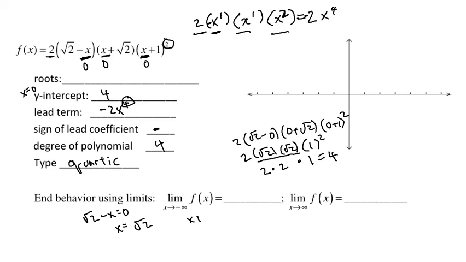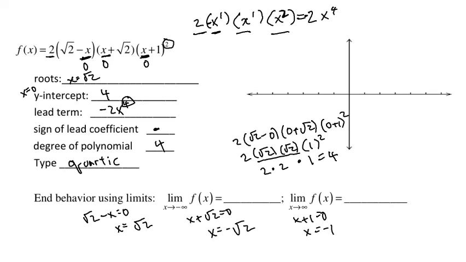The next one, x plus radical 2 equals 0. Solving for x, we get x equals negative radical 2. And on the last one, x plus 1, we set that equal to 0. So x equals negative 1.